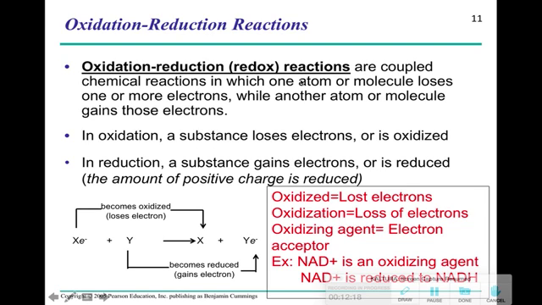What are oxidation-reduction reactions, and what do they have to do with cellular respiration? Oxidation-reduction reactions are the two types of chemical reactions that take place when food is being broken down. Remember, food molecules have high-energy electrons, and when they are stripped off, they are taken by vitamin B molecules, which are not that highly electronegative.